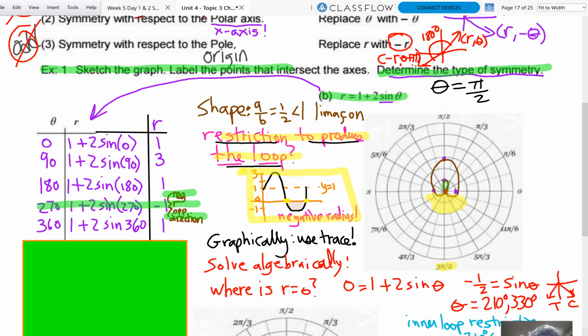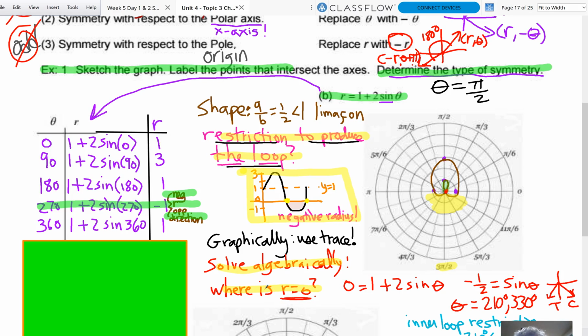So now I'm going to show you how to do it graphically, and then I'm just pointing out, again, I told you, you don't have to do this algebraically, but you can solve algebraically. If you wanted to solve these problems algebraically, how do you restrict the domain? You're going to set your equation equal to 0 because look, that red dot on my graph right here is at the origin. So I want to know how I started at the origin and I ended at the origin. Okay, at the pole. Well, that's where r equals 0.